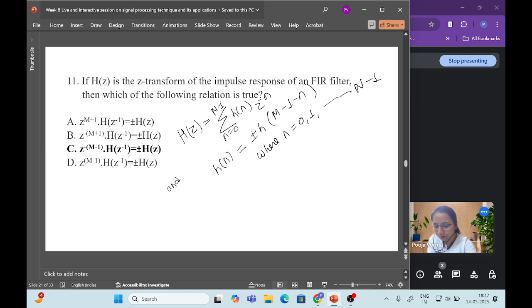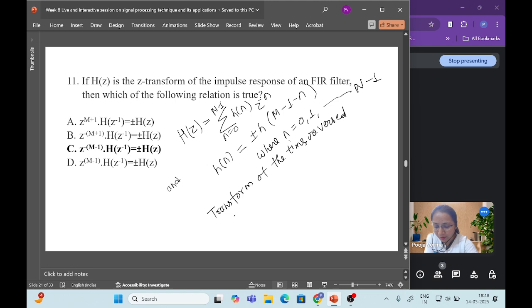Now what we need to do is transform it to the time reversed response. The time reversal property you have already seen in many places.